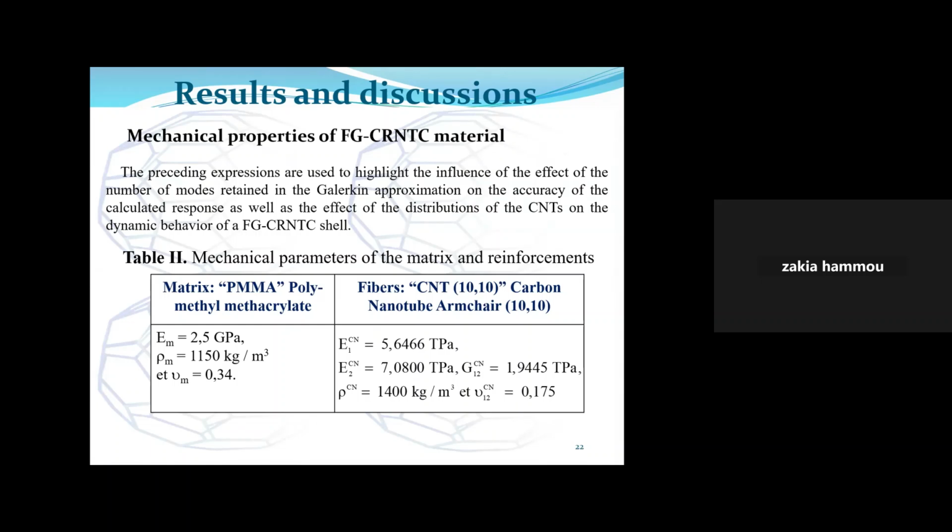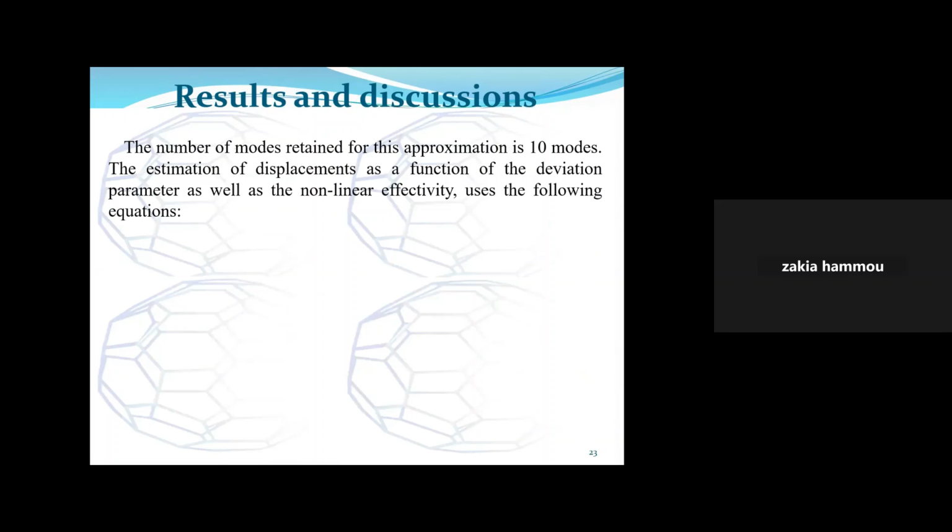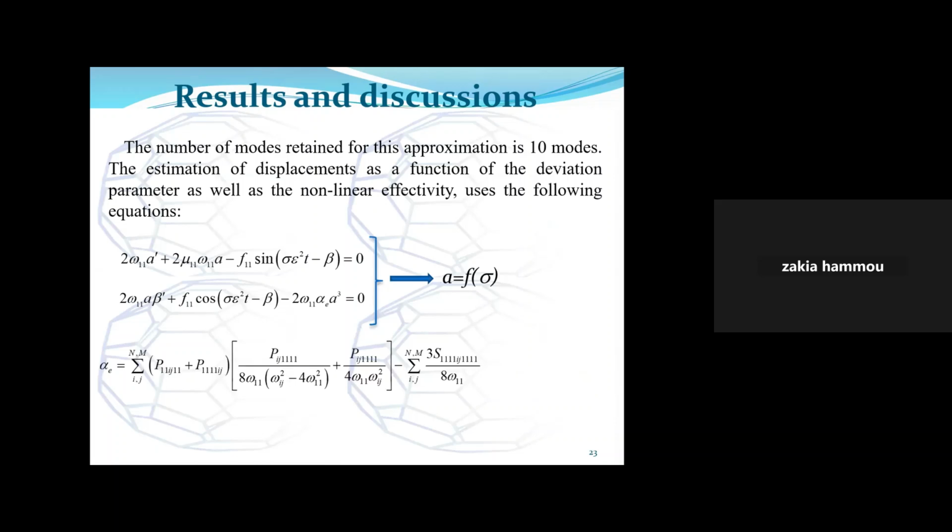This table shows the parameters used in these studies. The number of modes retained in this approximation is 10 modes. The estimation of displacement as a function of the deviation parameter, as well as the nonlinear effective, uses the following equation.